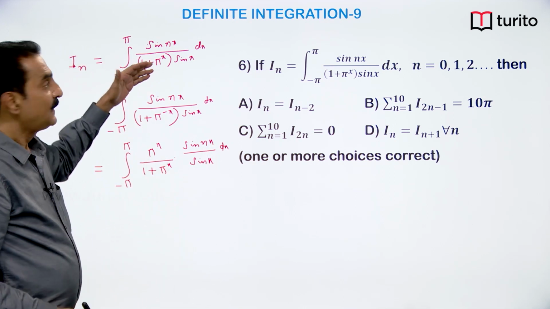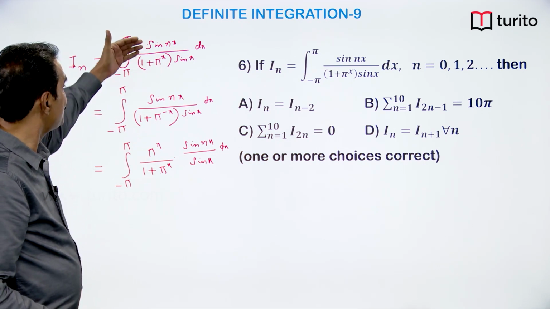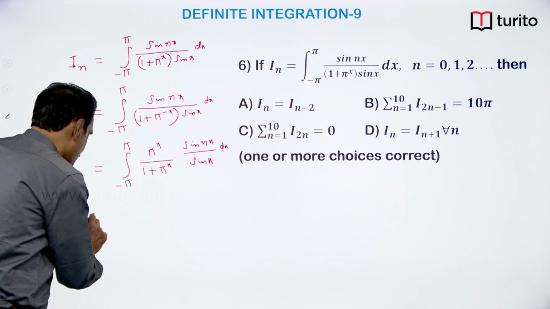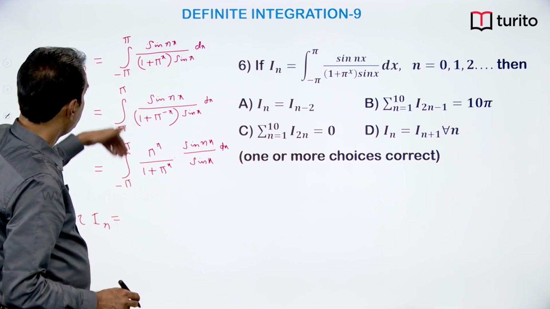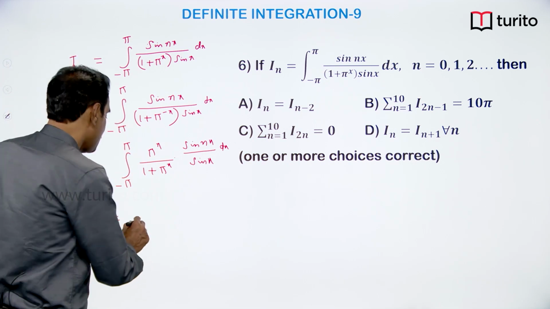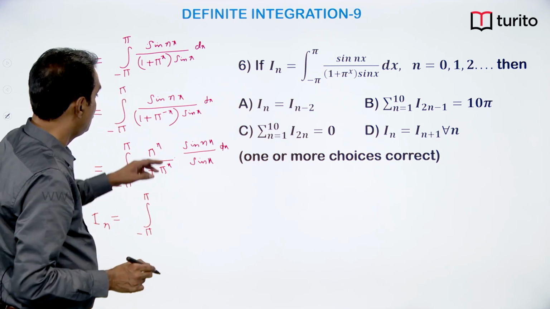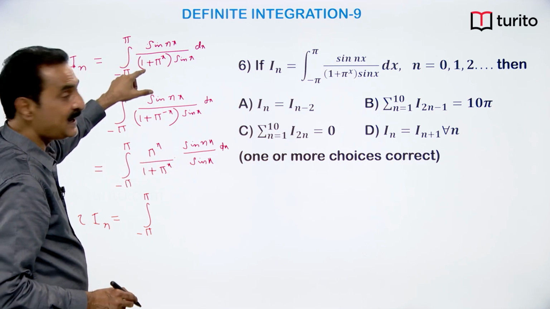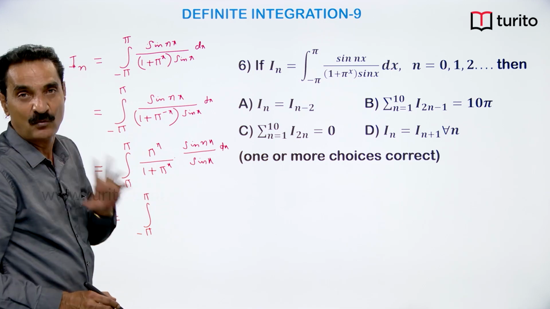What will you do now? Whenever you apply that property, you have to add the integrals. So, adding this I_n and this I_n, 2I_n is equal to integral minus pi to plus pi is common, and sin nx by sin x is common, and adding 1 by (1 plus pi power x) and pi power x by (1 plus pi power x), you will get 1.